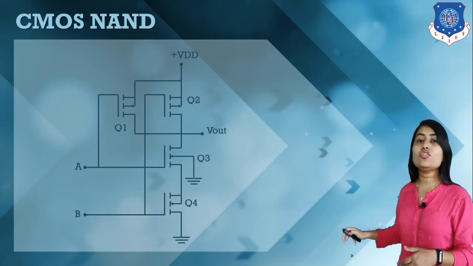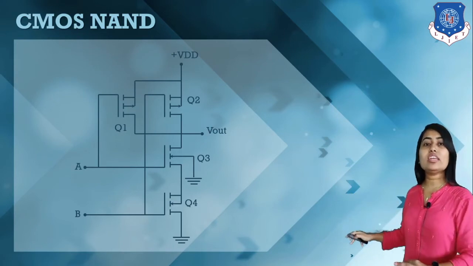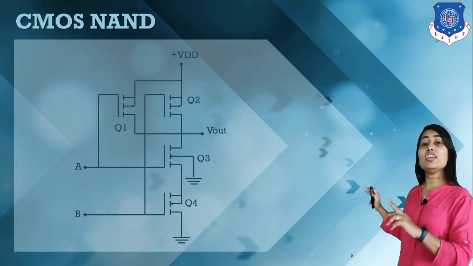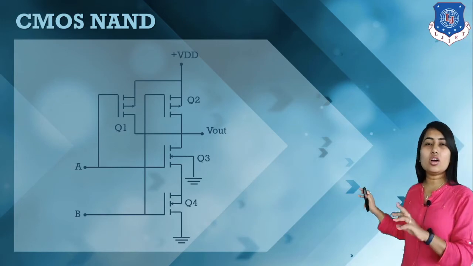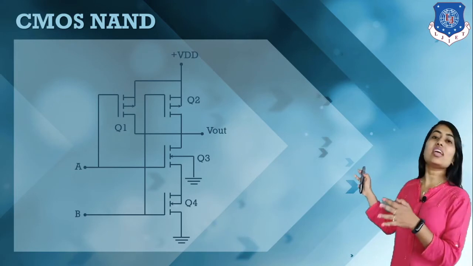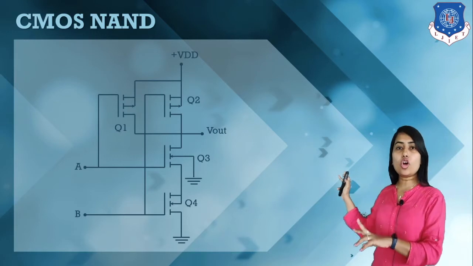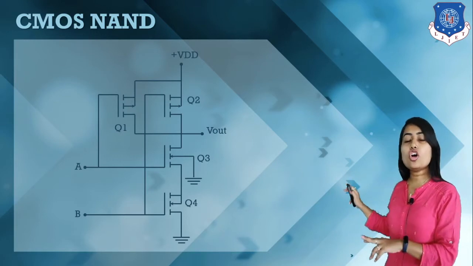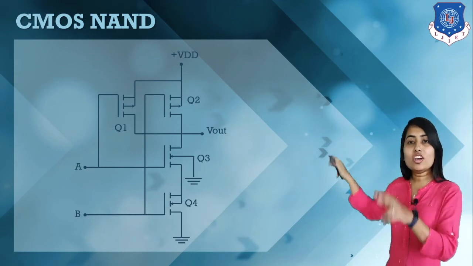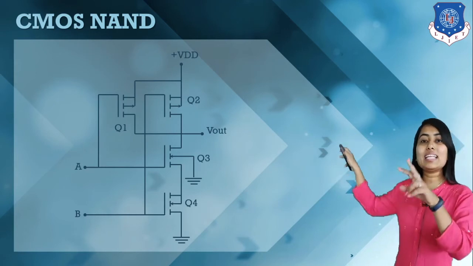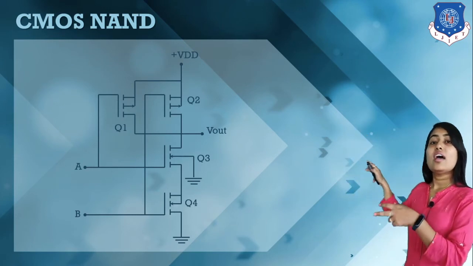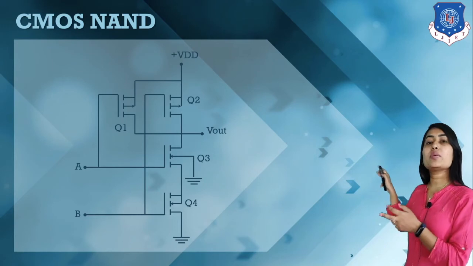When any of the inputs are 0, any of the N channel MOSFETs are off, and the corresponding P channel MOSFET is on. As a P channel MOSFET is on, VDD can flow through it. Because of the parallel connection, it can flow from either direction, and this voltage is present at the output side.